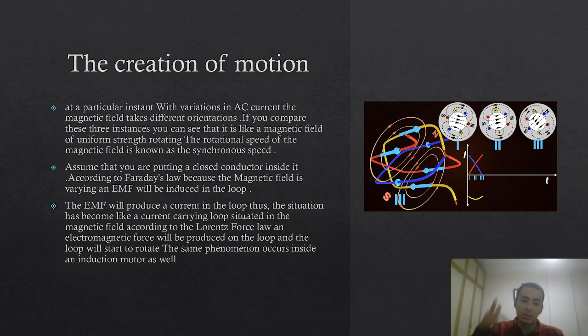According to the Lorentz force law, an electromagnetic force will be produced on the loop, and the loop will start rotating. The same phenomenon occurs inside an induction motor as well.